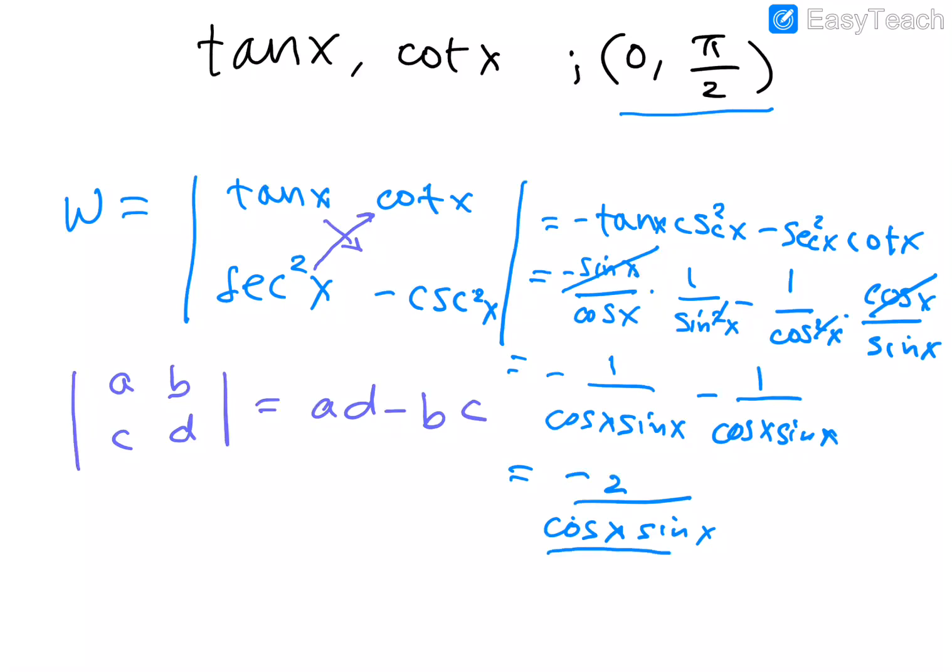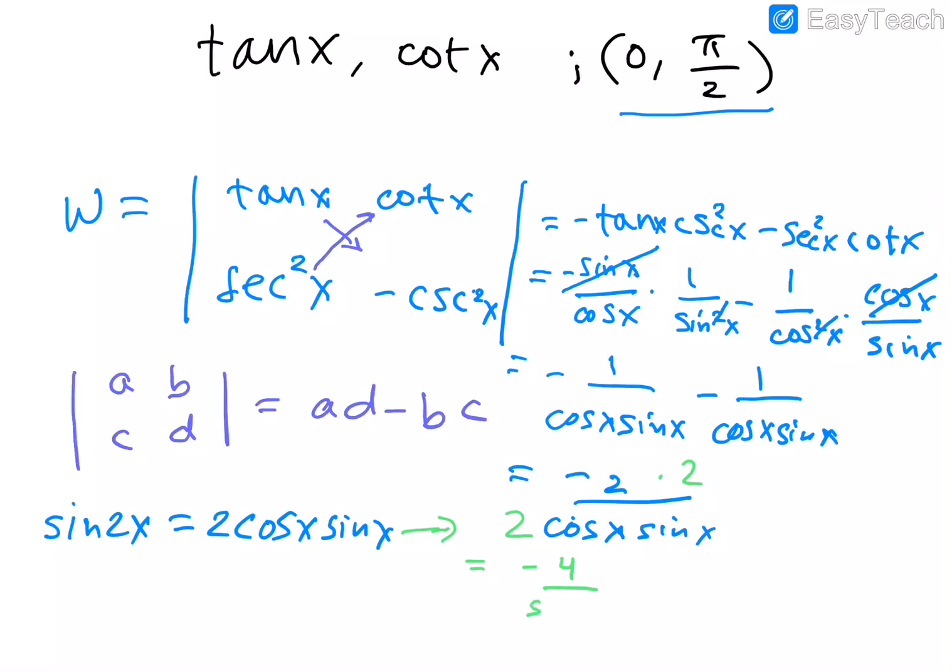Well, I'm looking at this cosine x sine x, and that reminds me of a trig identity. So basically we would have to first multiply by 2 on top and bottom. And now that looks like that identity. So then we have negative 4 over sine 2x.